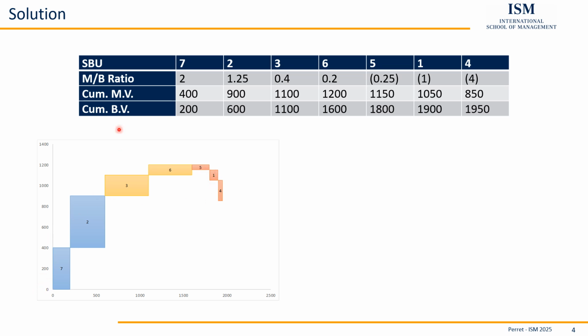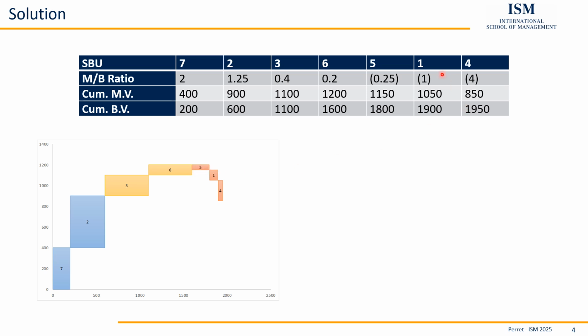The height is determined by the market values or cumulated market values. So again, I start at 0, go to 400 for the first one, go to 900 for the second one, go to 1100, third one, 1200 for business unit 6. For business unit 5, I start with 1200, but I have to go down to 1150.